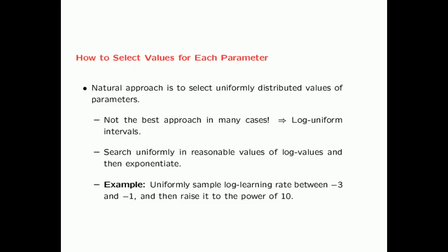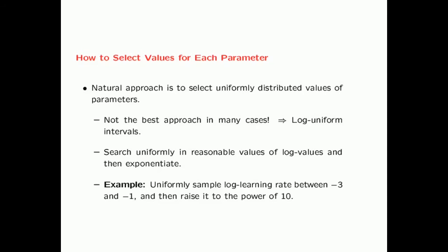Now, one question that arises is how do we pick the set of values for each parameter? One possibility, of course, is to use uniformly distributed values of the parameters. This is not the best approach in many cases. The better approach in many cases is to use log uniform intervals.